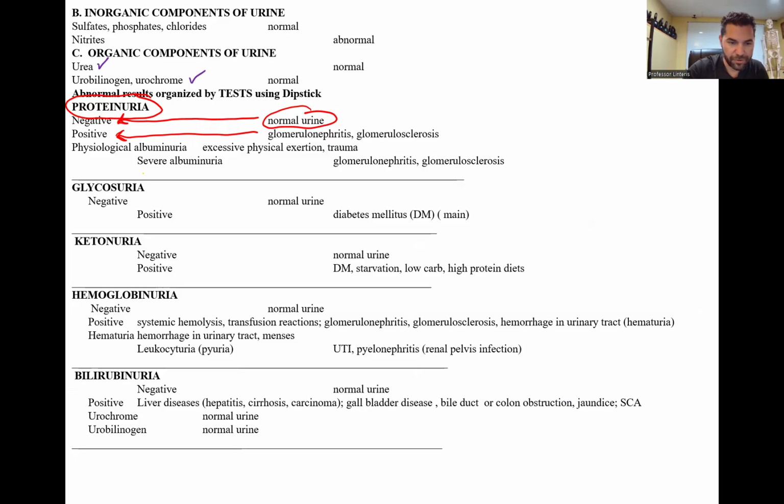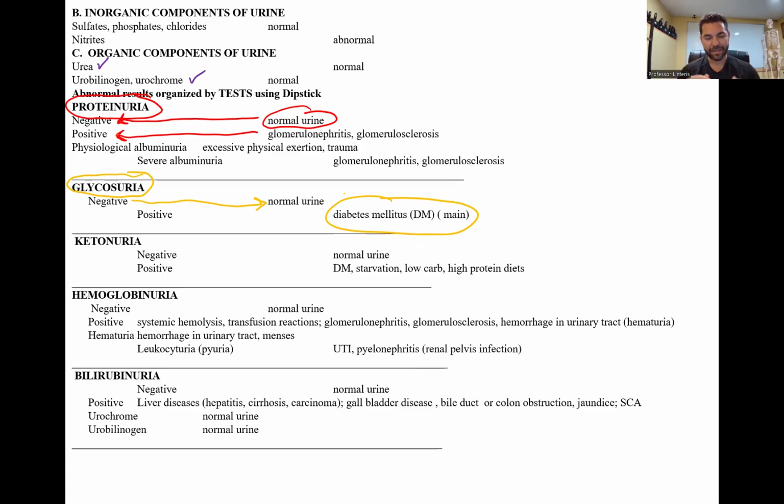Do we want sugar in the urine? We do not want sugar in the urine. A normal sample of urine should be negative for glucose, which is obviously the sugar. If you have glucose in the urine, it is called glycosuria. You should be familiar with that, and we often see that with diabetes mellitus, right?